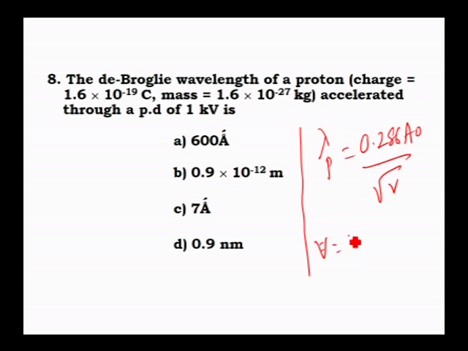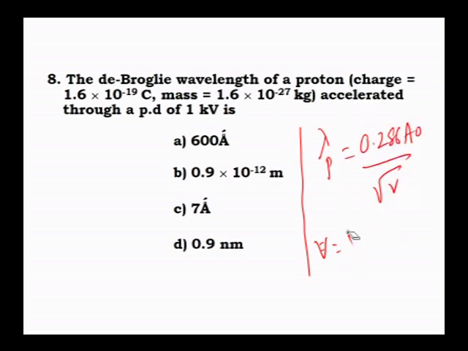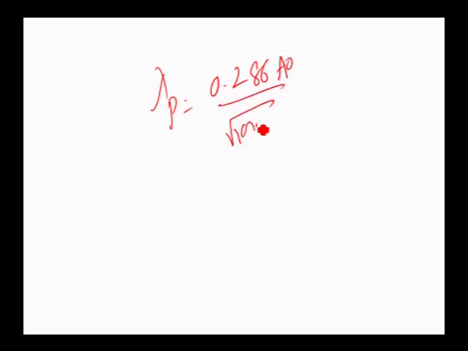Potential difference is 1 kilovolt, which means it is 1000 volt. Therefore, the wavelength of proton is equal to 0.286 angstrom divided by root of 1000. Again, root of 1000 is approximately 31, right? Now, slight changes, it is 28.6 into 10 to the power of minus 12.